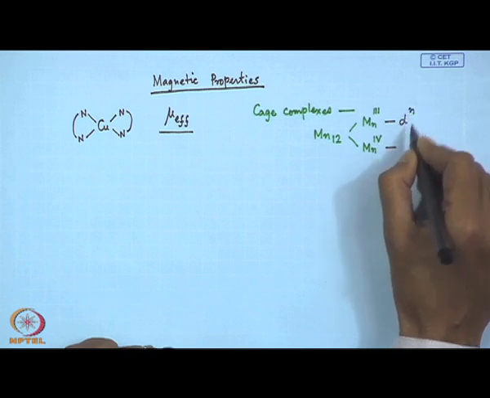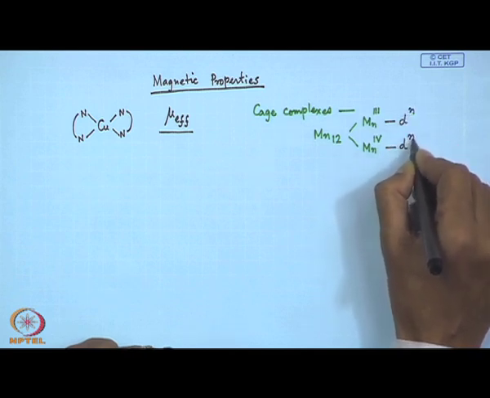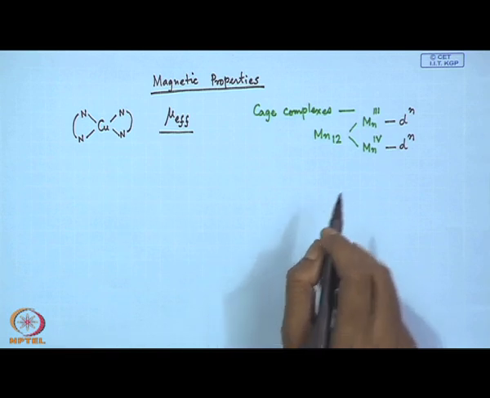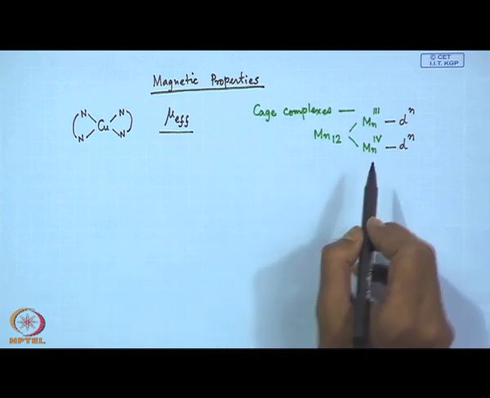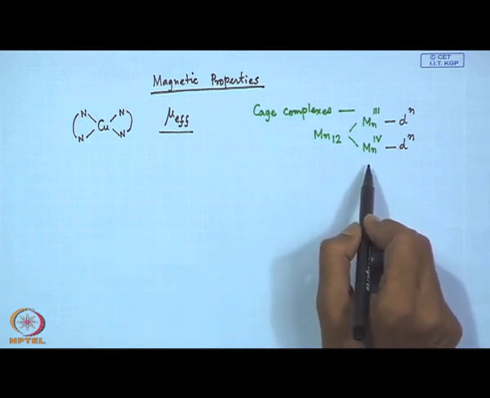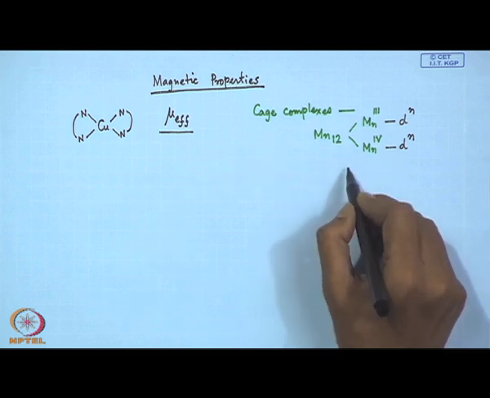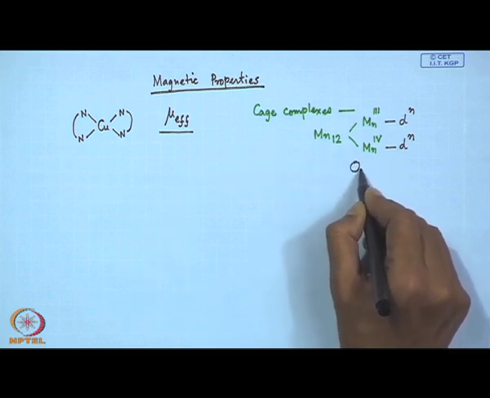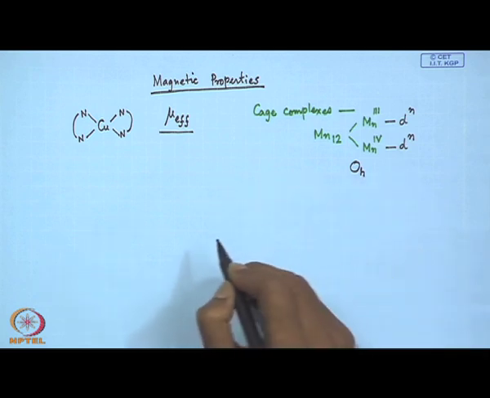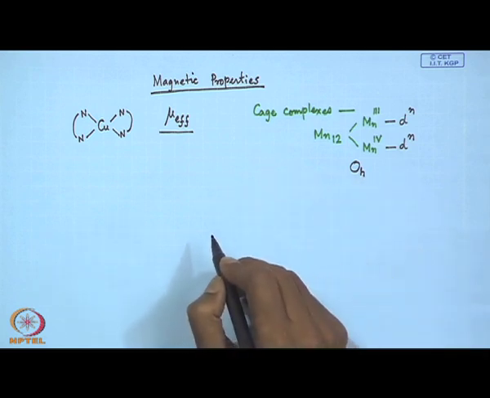As a result, we can have some good idea depending upon the corresponding d electron configurations. That means the d^n values, the number of unpaired electrons present in manganese 3 and manganese 4, when placed in a typical coordination environment, the most preferred one being the octahedral one.